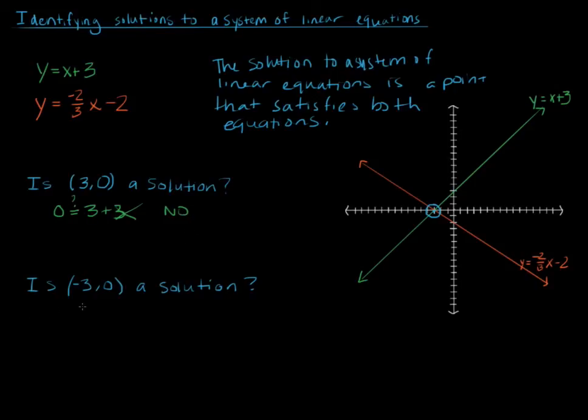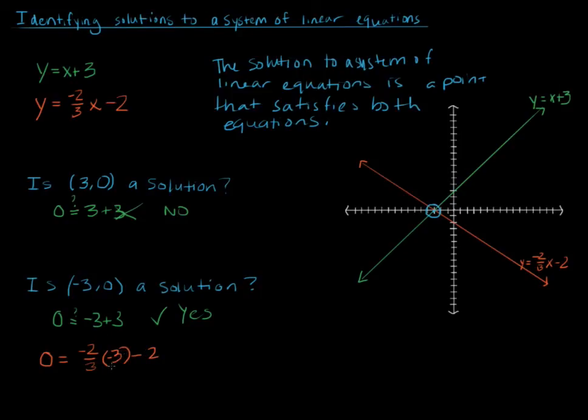Now, if we check this point, is (-3, 0) a solution? We put in 0, is that equal to negative 3 plus 3? Yes, that's one. Next question: is 0 equal to negative 2/3 times negative 3, minus 2?